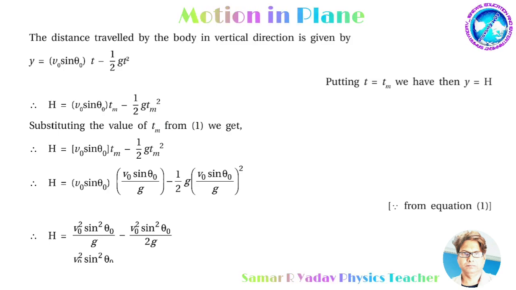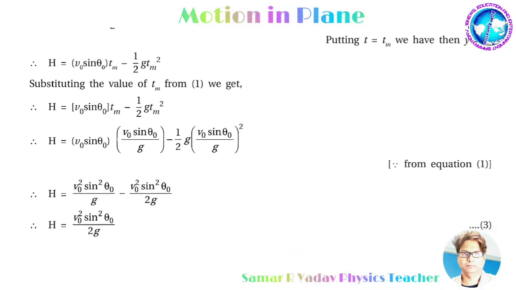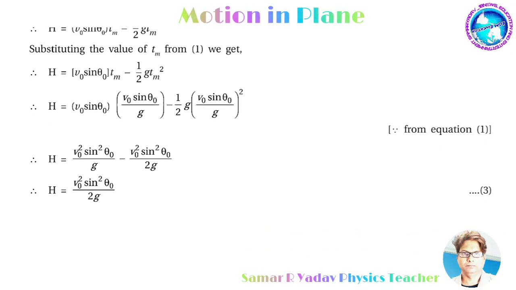Therefore h = v0² sin² θ0 / g − v0² sin² θ0 / 2g. Therefore h = v0² sin² θ0 / 2g. That is the equation of maximum height.